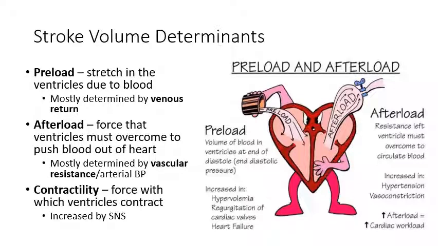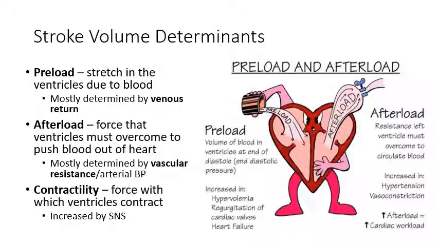Vascular resistance, we're going to talk about in a moment, is the resistance of the blood vessels to the flow of blood through them. So the more that the blood vessels resist blood going through them, the greater the vascular resistance they have. And the more resistance there is, the harder it is to pump blood through those vessels, which means that the afterload goes up.